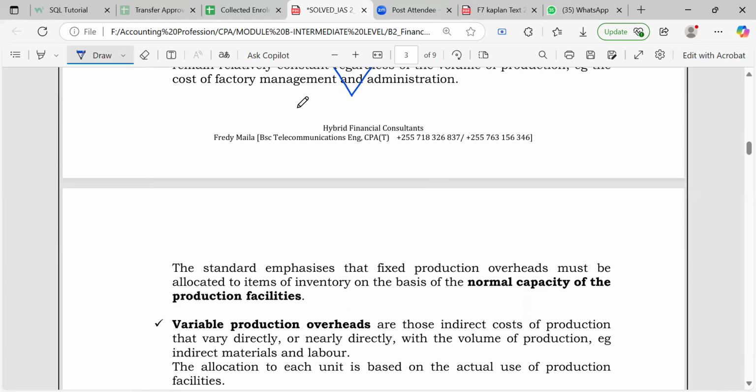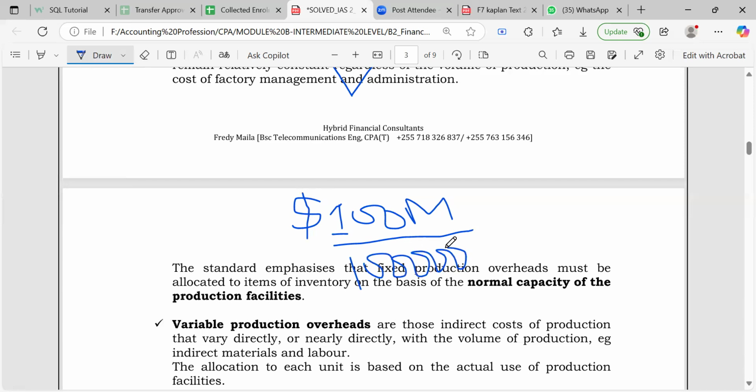For fixed production overhead, you may be told they are worth $100 million, and you need to get the fixed cost per unit. How can you get it per unit? You look at the normal capacity of the production facilities. Maybe you are told it is worth $100 million, but usually we produce 100,000 units. This is normal capacity.